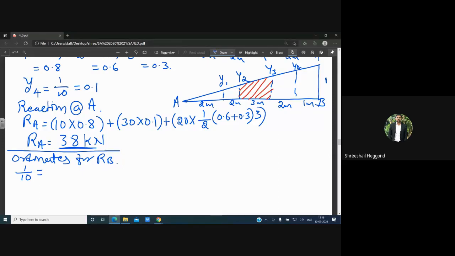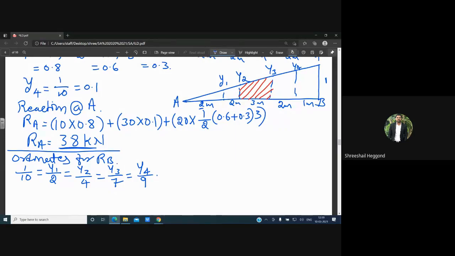That is y1 divided by the remaining distance of 2 meter. Next, y2 divided by the remaining distance of 4 meter. That is equal to y3 divided by the remaining distance 2 plus 2 plus 3 is 7. And y4 divided by the remaining distance 2 plus 2 plus 3 plus 2 is 9.